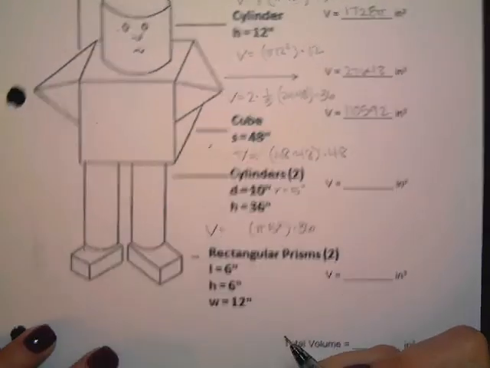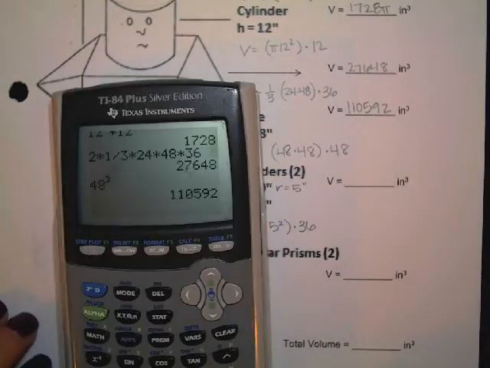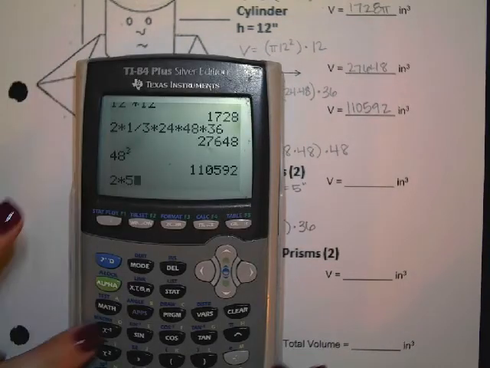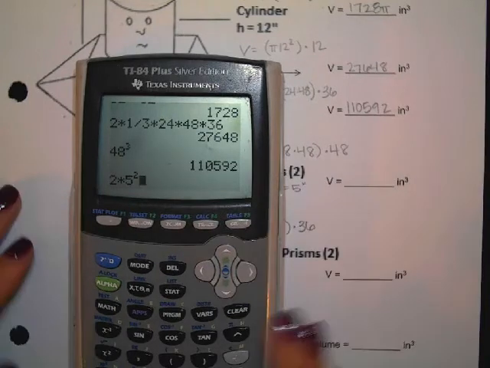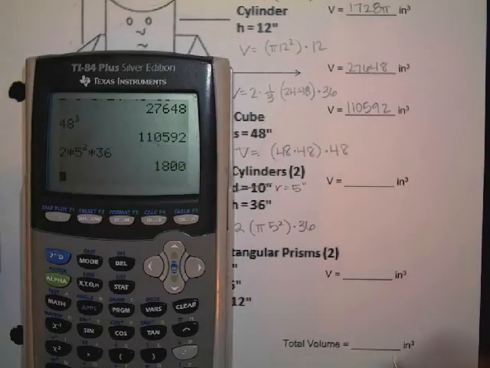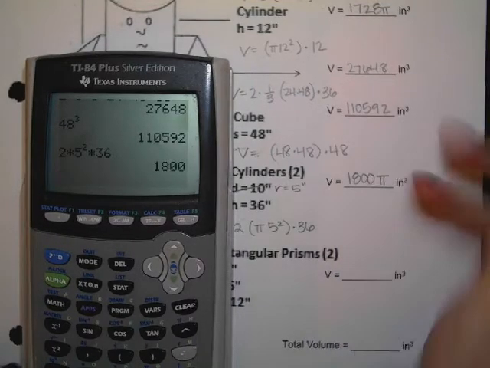There are two legs, so I'm going to multiply this number by 2. So 2 times 5 squared times 36 is going to be 1800 pi.